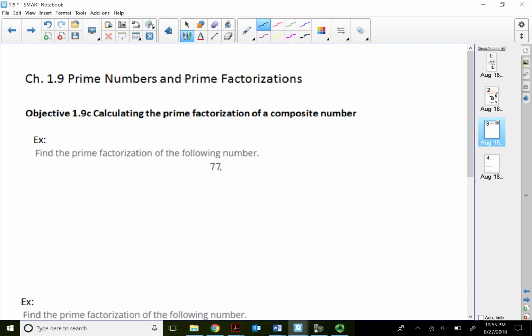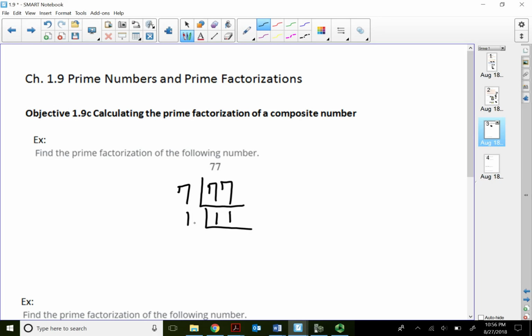Basically, I'm going to put my composite number, 77, inside this upside down division, and on the outside, I'm going to find a prime number that can go into 77 evenly. If you think about it, 7 will work because 7 goes into 77 11 times. Oh, 11 is also a prime number, so let's keep going.